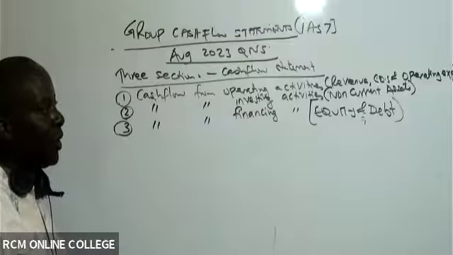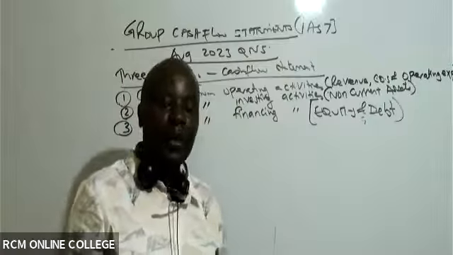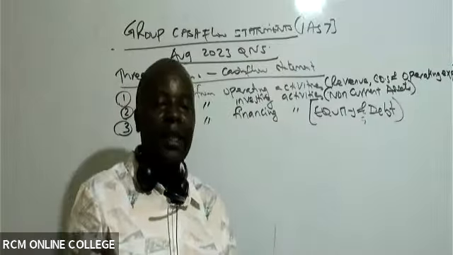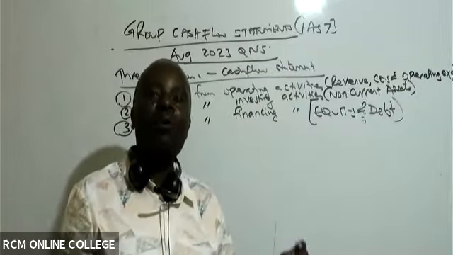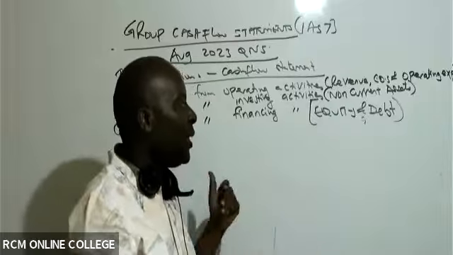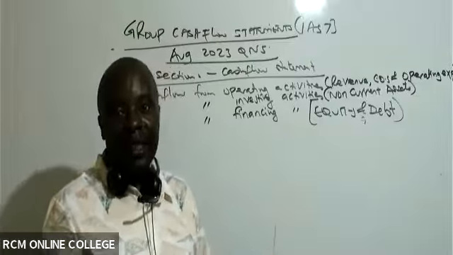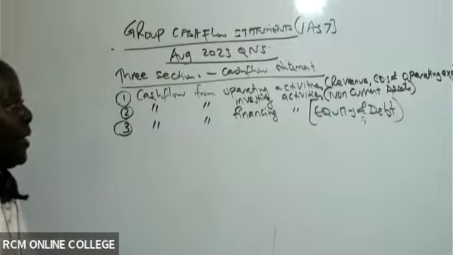So basically, we're looking at equity and debt. You shall be able to issue shares in the year, and we shall be able to pay these people their dividends. All right, that will come here. We shall be able to issue or redeem debt instruments, etc.